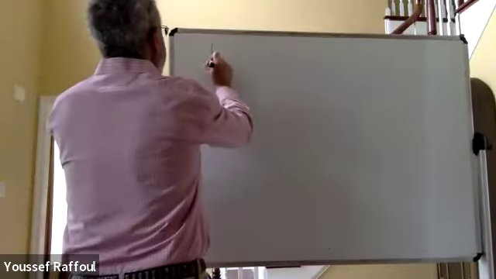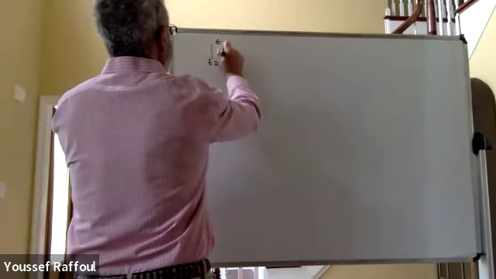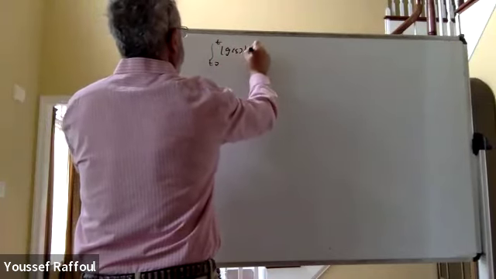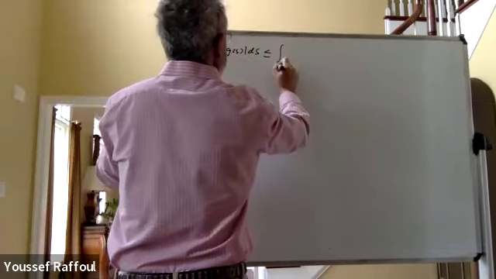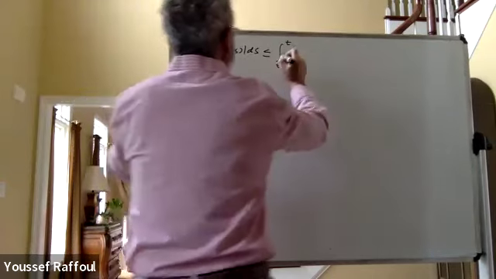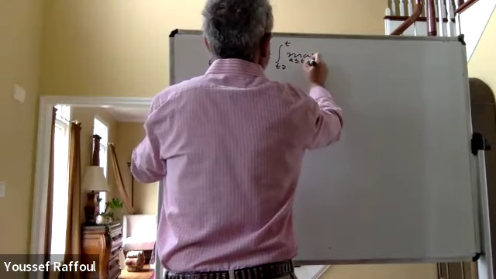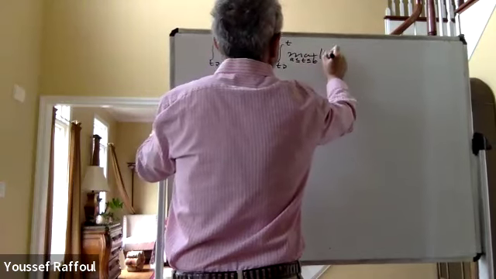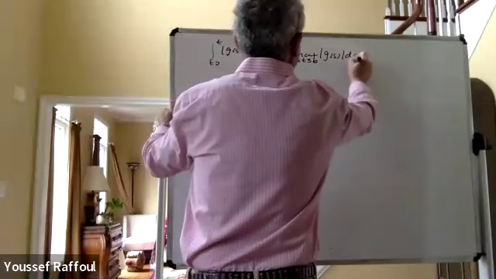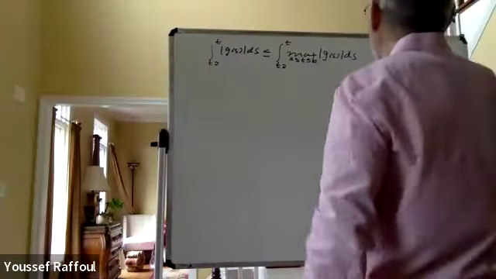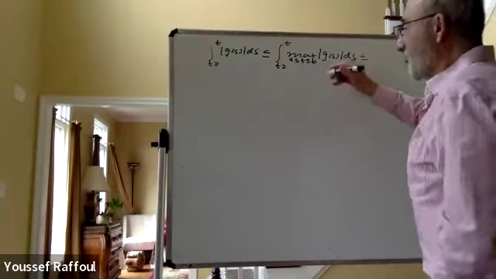So we have the integral from t0 to t of g(s) ds, which is less or equal to the integral from t0 to t of the maximum over a less or equal to t less or equal to b of g(s) ds. Well, that is less or equal to, what is g?